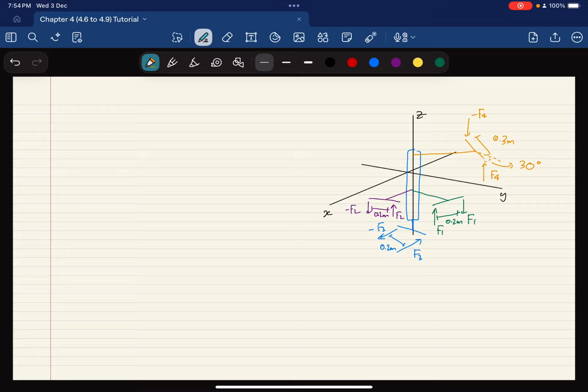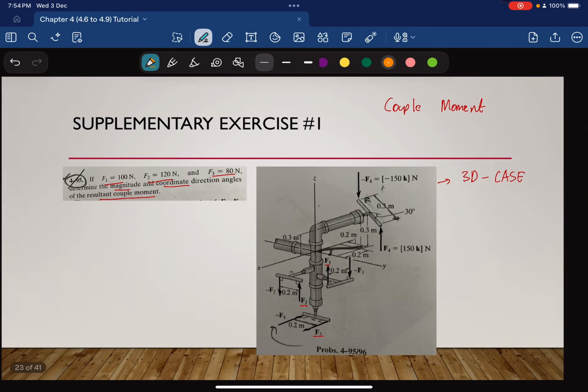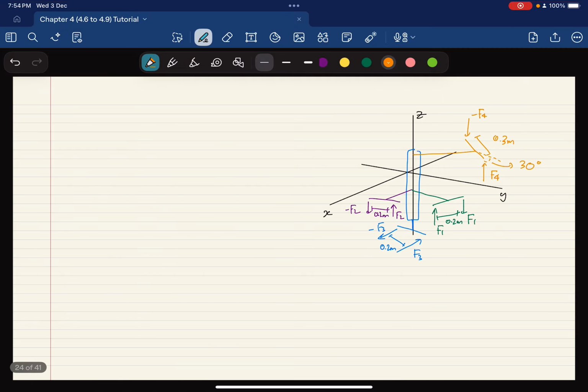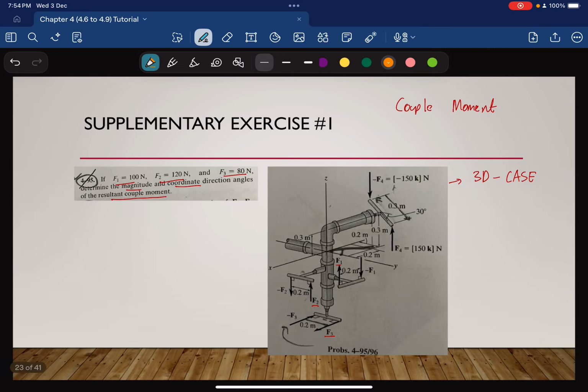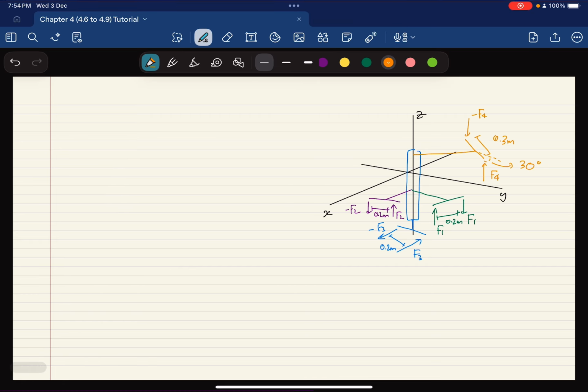And also this structure F4 is located at a point that is 0.2 meters, and that is 0.2 meters. So it also has a line that's parallel to it, and that's 0.3 meters, okay. So how do we solve the problem?